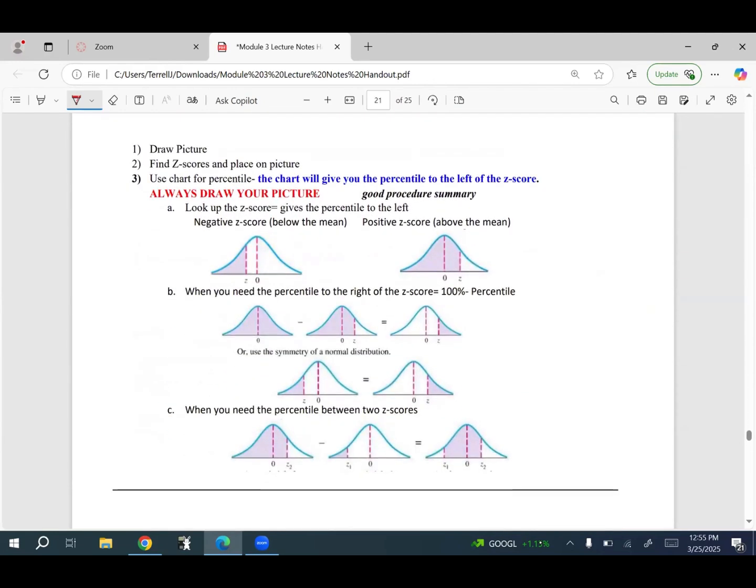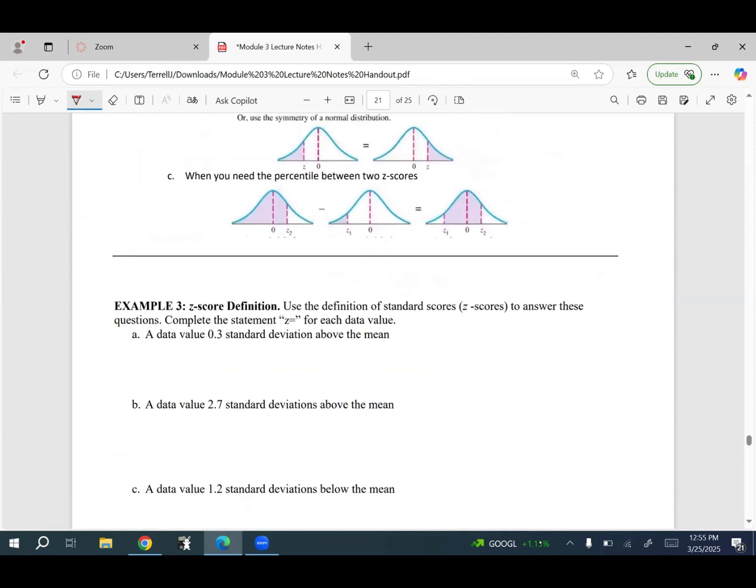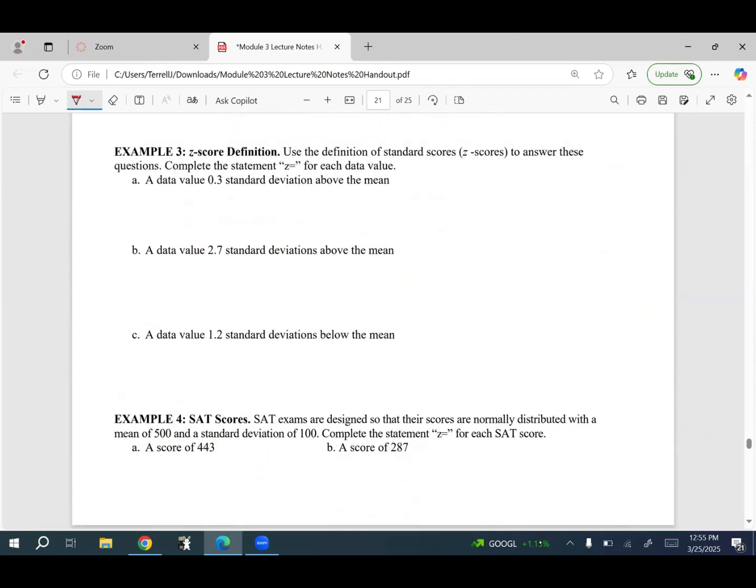Okay. Let's look at example 3. It says, use the definition of standard score, which is called the z-score, to answer these questions. Complete the statement z equals for each data value. A data value 0.3 standard deviations above the mean. So remember what a z-score means.